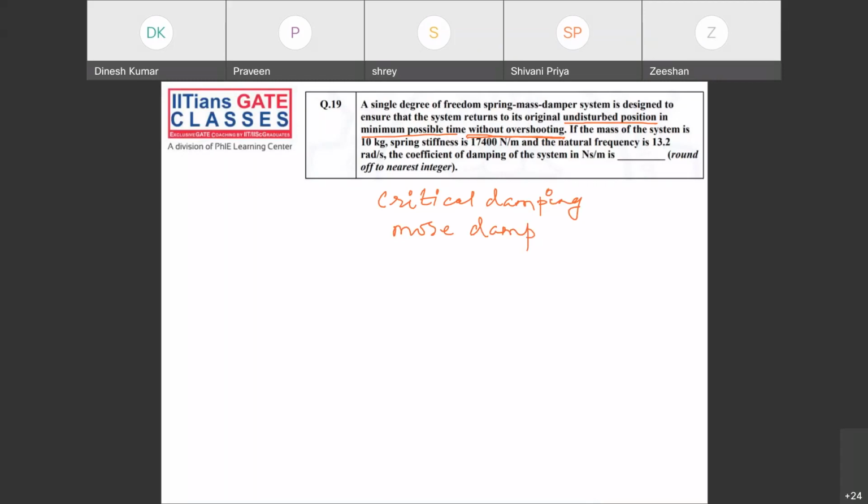If you make it overdamped, the system will take more time, so your response will be sluggish. On this basis we can decide your system is critically damped.